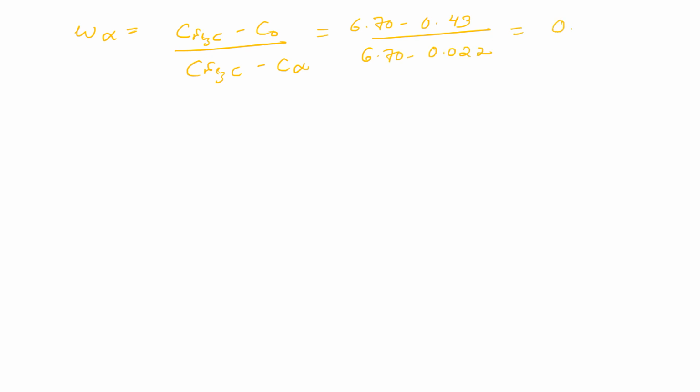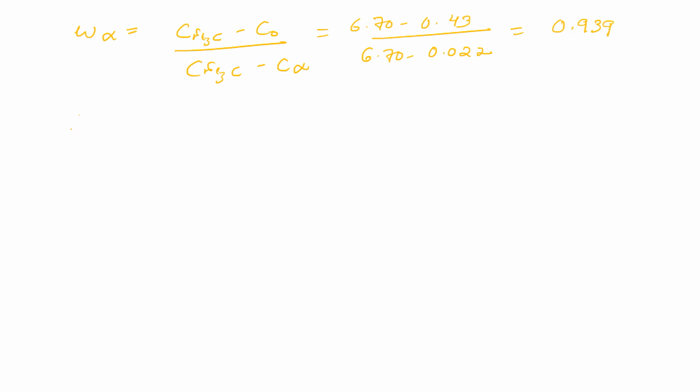Weight fraction of total alpha is therefore CFE3C minus C naught divided by CFE3C minus C alpha. That is 6.7 minus 0.43 divided by 6.7 minus 0.022. That should give me about 93% or 94% of total alpha.